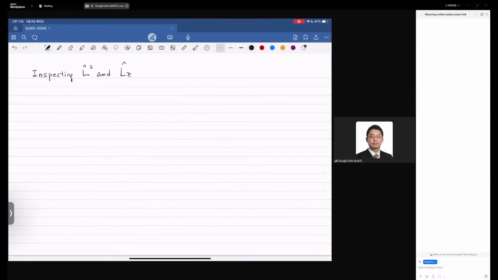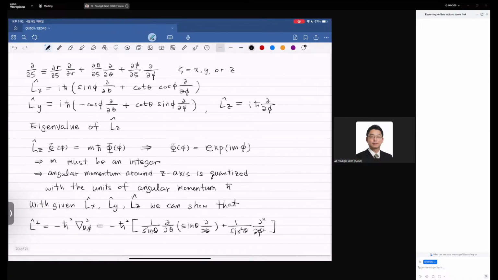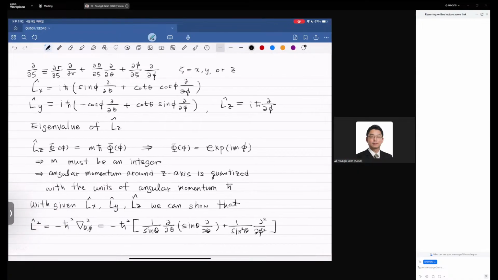If you do this calculation, I won't do it, but it turns out that you can swap their orders. You can swap their orders just by looking at their form, from this and that. You can apply one after the other, and you can swap their orders.